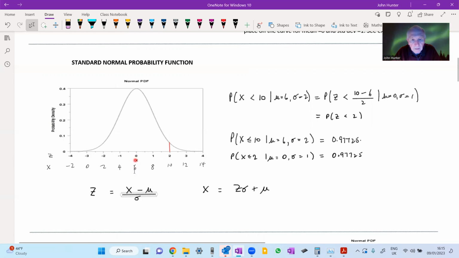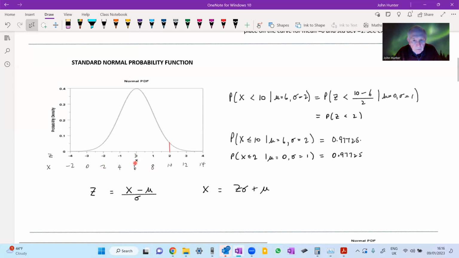And in actual fact, we can do the correspondence. So if we put the mean in the middle there, that's 6, and then this is one standard deviation. Now the standard deviation that we're talking about with our X random variable is 2, so that would give us 2 either side there, wouldn't it? That's 8 and 4. So what does that mean?